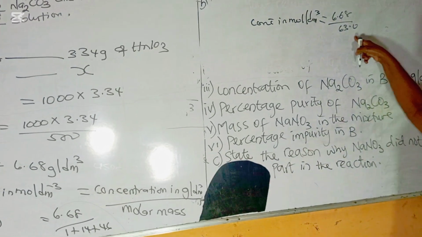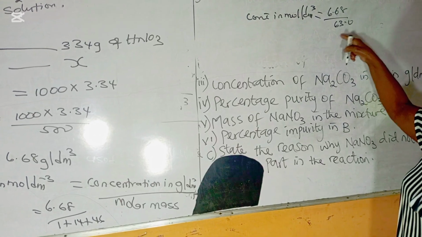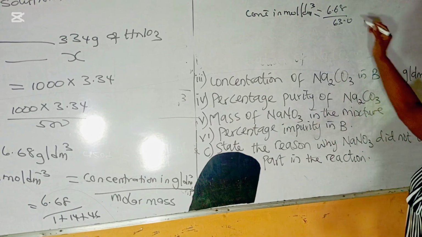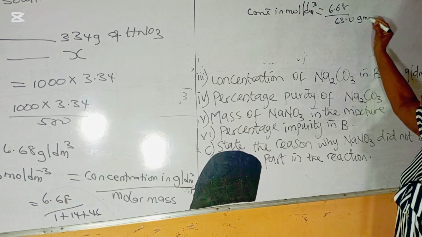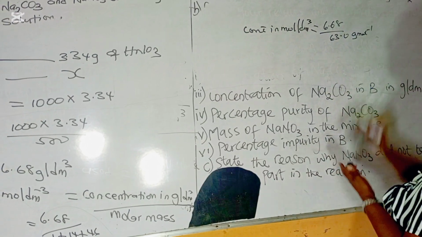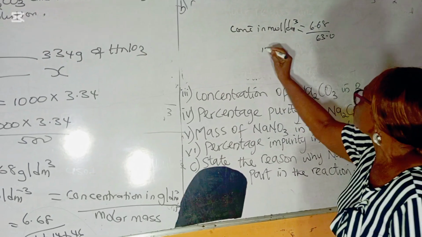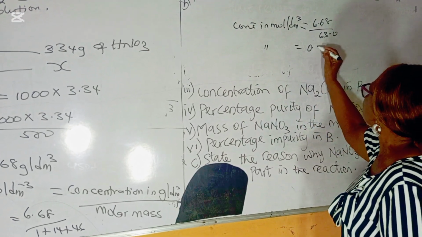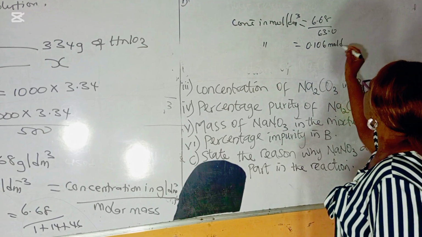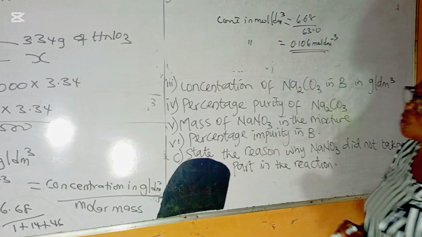You need a mark here. Please don't put grams, because grams is not the unit for molar mass. If you want to put units, you put grams per mole, but it's not necessary. This is not the final answer. So the best bet is to remain silent. Then you do the final evaluation, which is 0.106 mole per dm cube. That's your answer. You have gotten your number one.